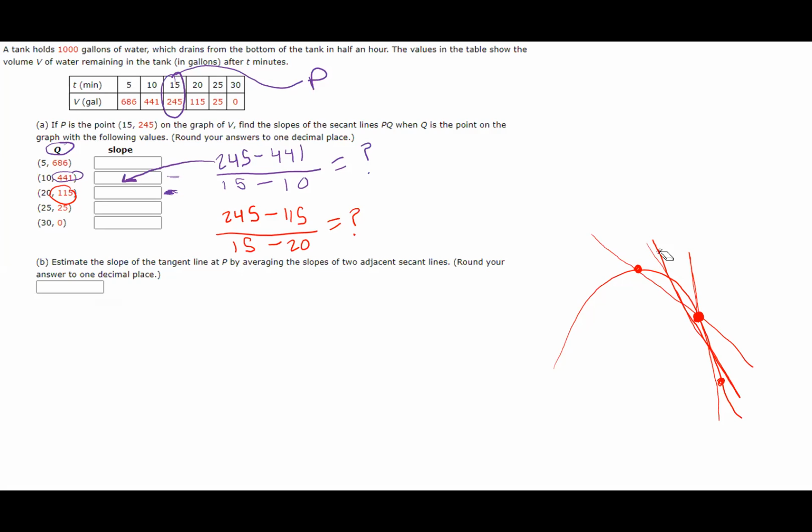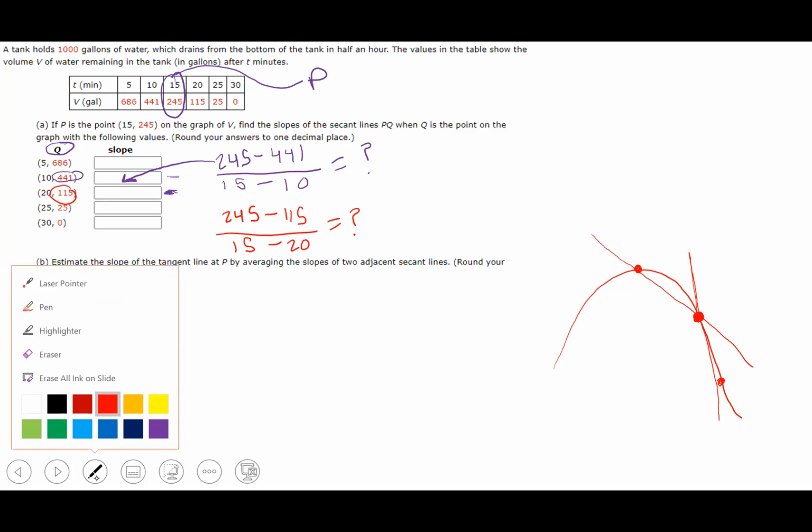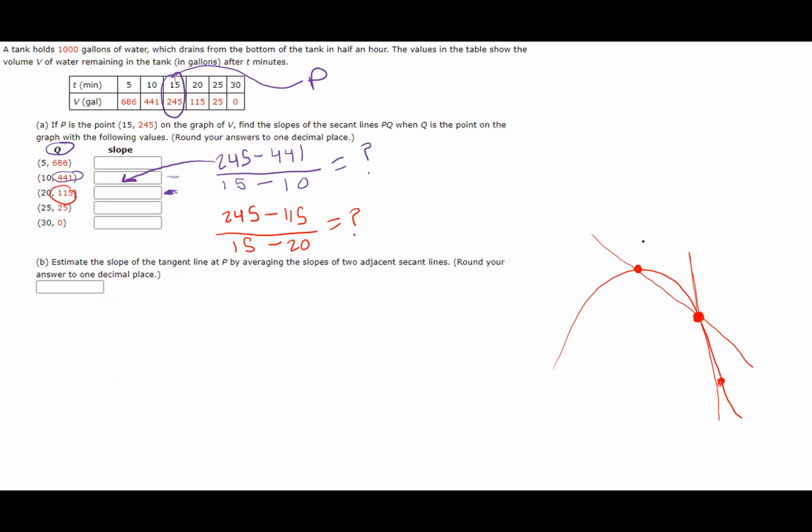So I'll draw that in a different color. Nope. Right. It's not always the best technique. You gotta kind of know what your plot looks like to see if that would actually work. So the idea is if we pick 2 secant lines around it and average them, they should look like our tangent line.